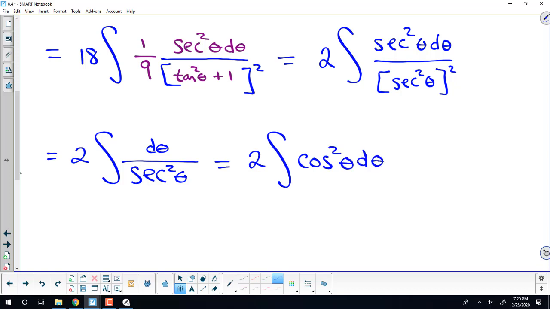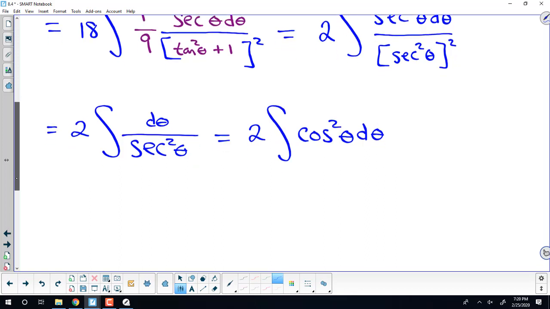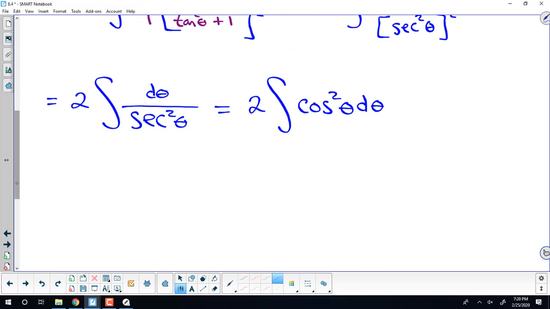And there we are, back at integrating cosine squared. So in the identity, the 1/2 is going to cancel with the 2. It's going to turn into the antiderivative of 1 plus cosine 2 theta d theta.